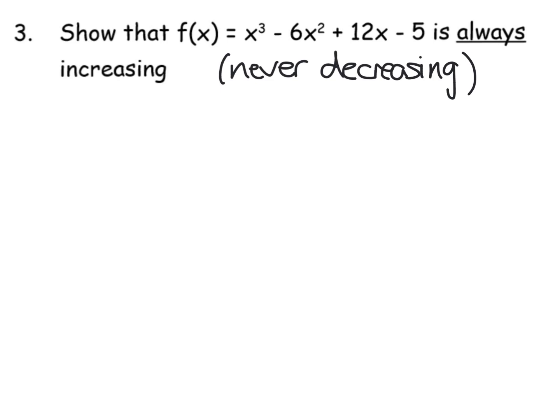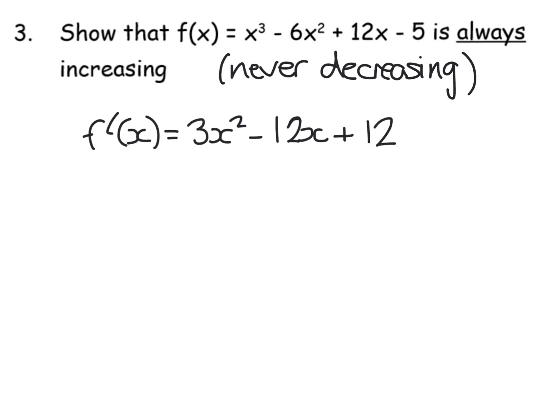So to show that it's always increasing or decreasing, buzzword, f dash x, let's see what we get. So f dash x would give me 3x squared, take away 12x, plus 12. Now if I was going to try and factorise this, I would take out a common factor of 3, x squared minus 4x plus 4.